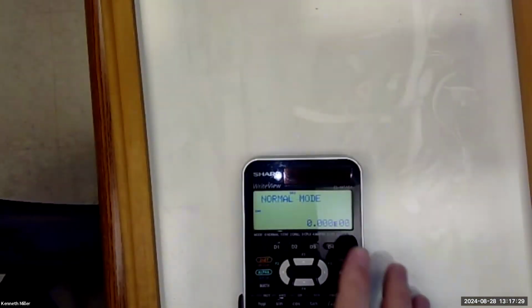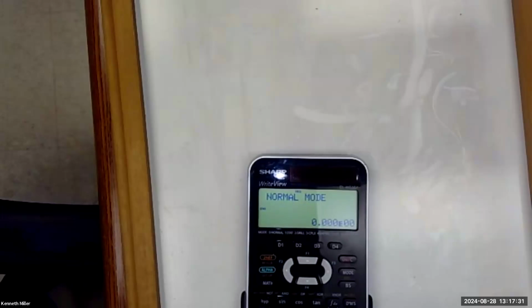So if our frequency is 60, our time period will be 1 over that. So 1 divided by 60 is going to be 16.667 milliseconds, right? So that's how we would calculate that.